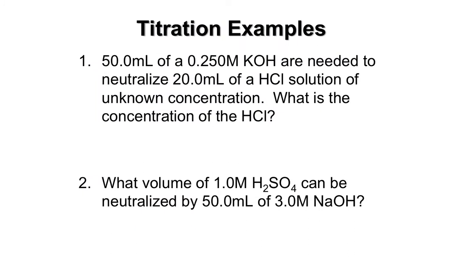All right, so get your calculators handy so that we can calculate these together. So we've got 50 milliliters of 0.250 molar KOH. Now it might be helpful to recognize the KOH is the base, and that's used to neutralize 20 milliliters of HCl. HCl is going to be our acid. You could always use table K and table L to help you with that.